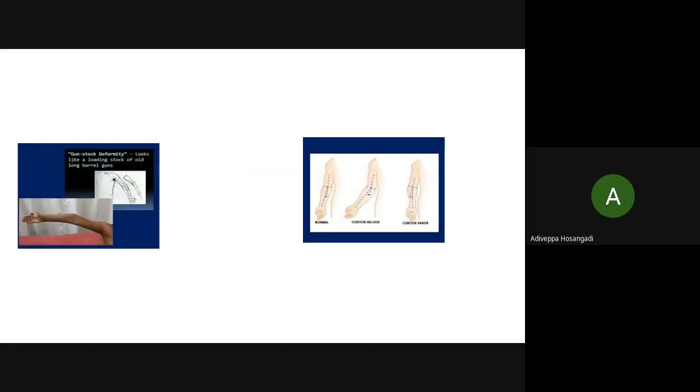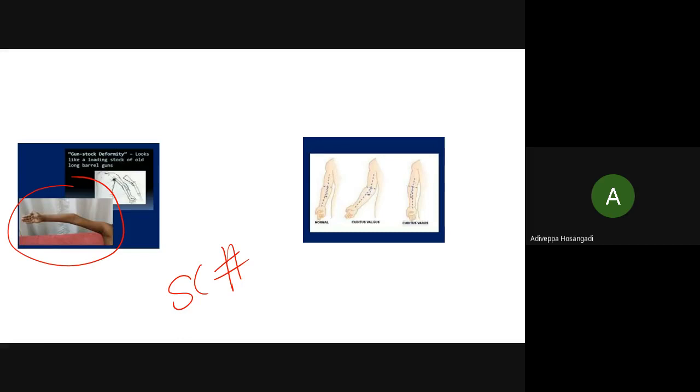So, what is this? Cubitus varus deformity is secondary to supracondylar fracture. Gunstock deformity.